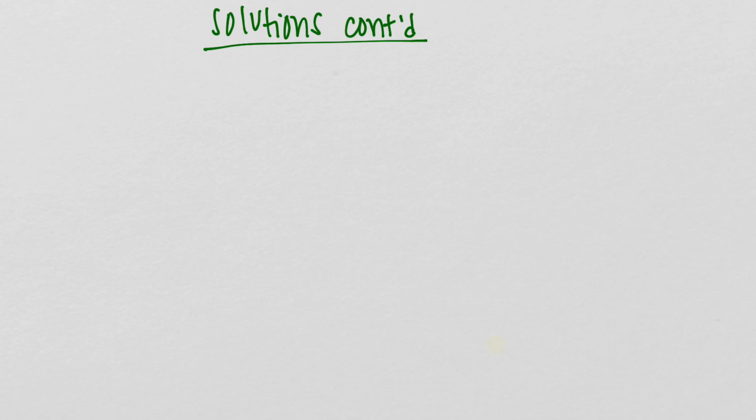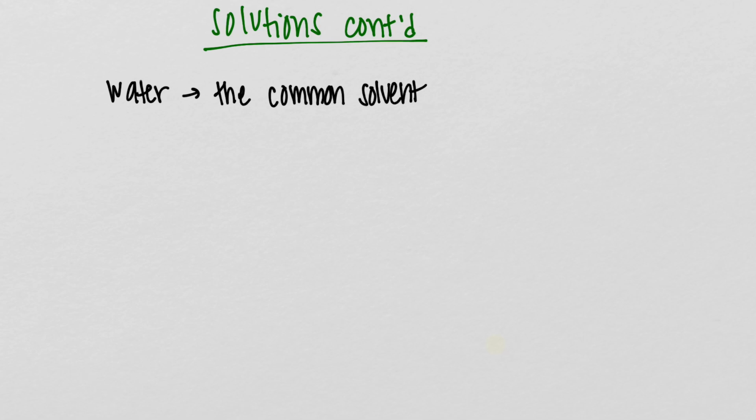So today we're going to be talking about water, which is the common solvent. We're going to go back to molecular geometry here, in that unit where we talked about polar and nonpolar. So if we talk about water, water is the common solvent, and not just in science, right?